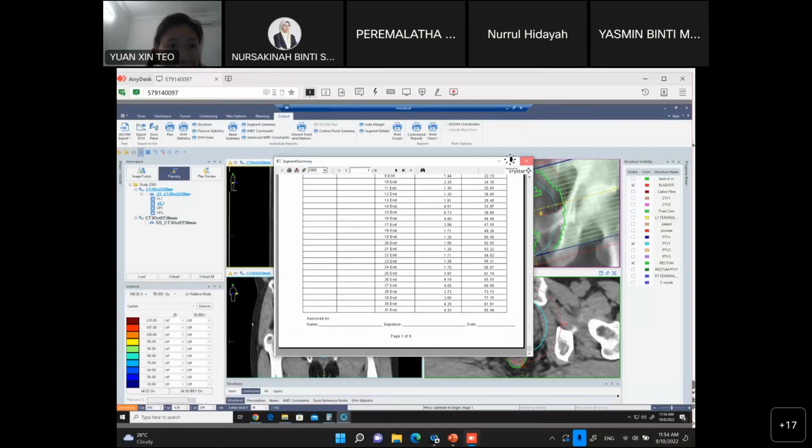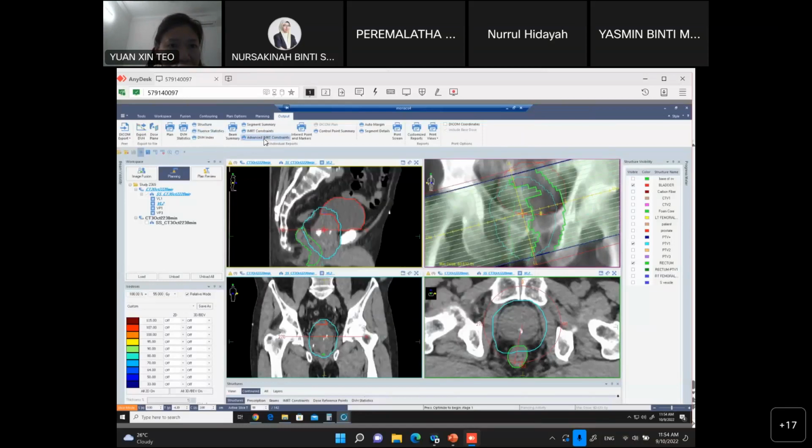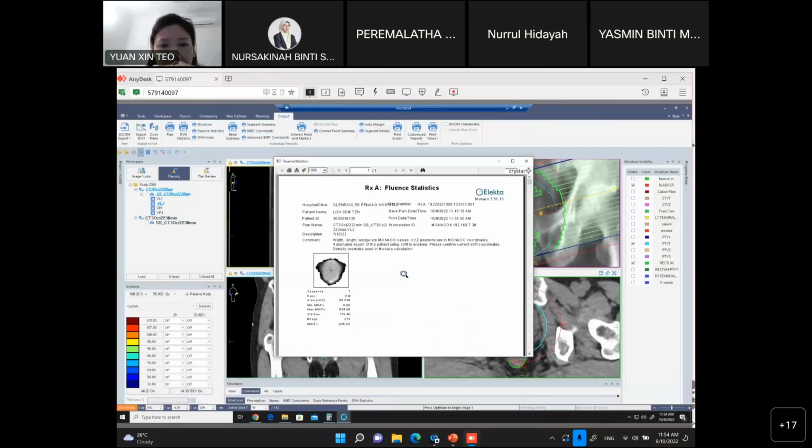Okay. So there is another, I can show you this one. Okay, this one is the Fluence map. Where just now remember they put the film on the gantry head.